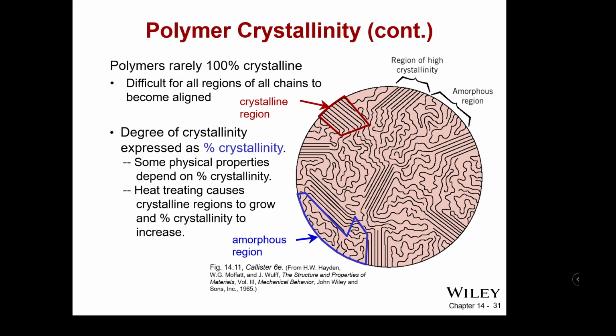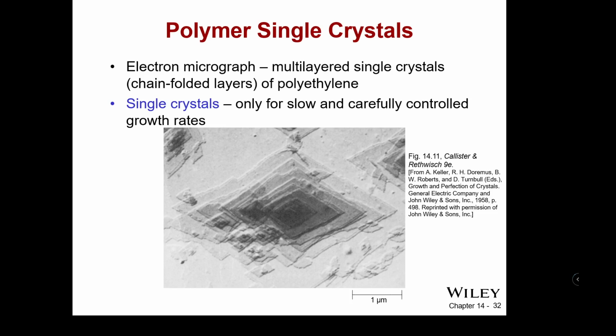There's all sorts of examples of that because the polymer has effectively been aged by increasing crystallinity by heat treatment, because typically you grow and increase percent crystallinity when you heat treat polymers. So lots of thermal cycling does this, and that's what they call aging in polymers.